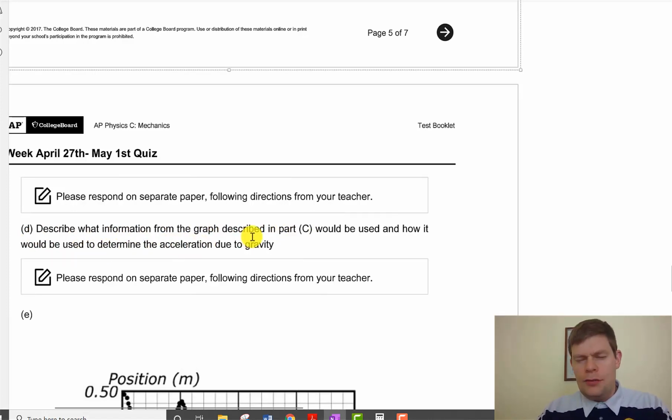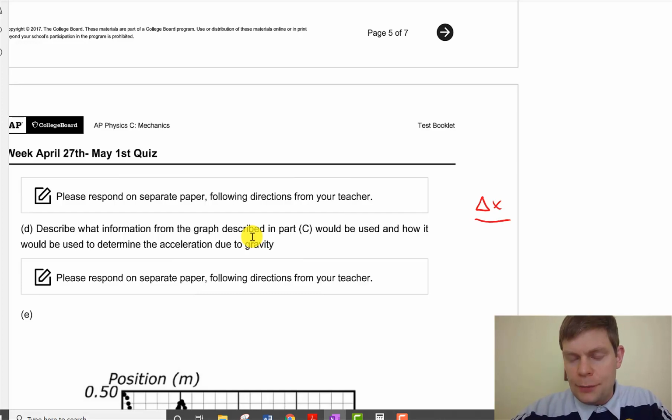If you did this whole add-masses-to-the-cart method and you did spring stretch versus the total mass, in this case, you'd have the situation where F parallel would be equal and opposite to your spring force. So you'd have k delta x equals mg sine theta.